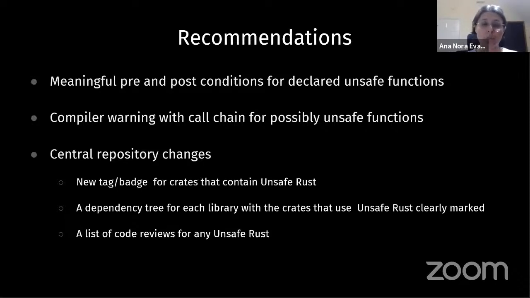Furthermore, to make it even easier for the programmers, the central repository should make it easier to understand what crates are using unsafe by using a tag or a badge, and maintain a dependency tree for each library, with the places where unsafe is used being clearly marked.